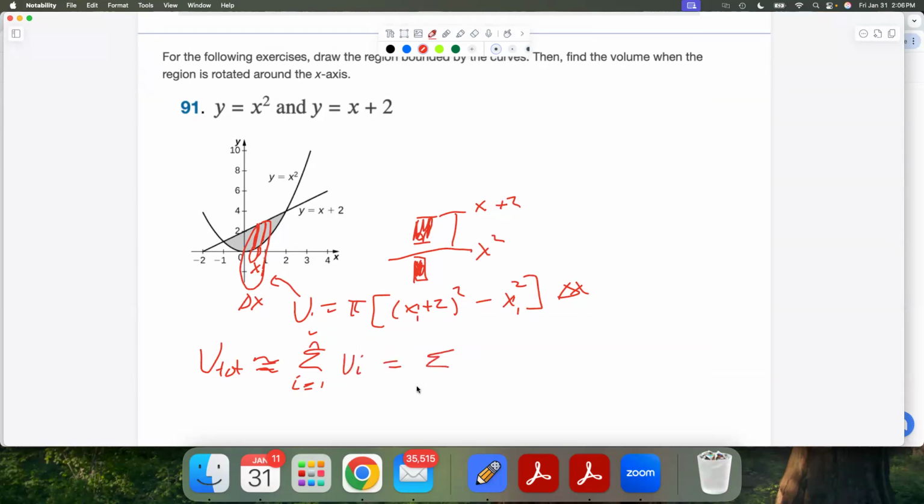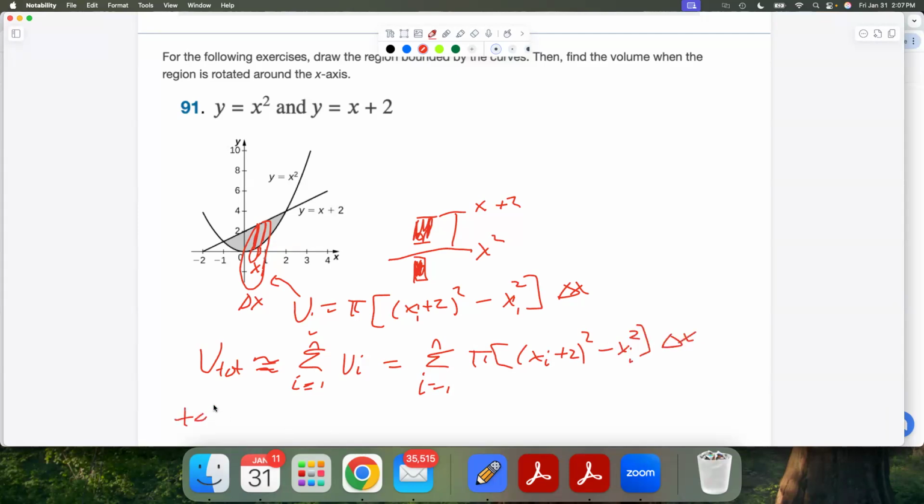So this would be the sum, i equals 1 to n, of pi times xi plus 2 squared minus xi squared, all times delta x.